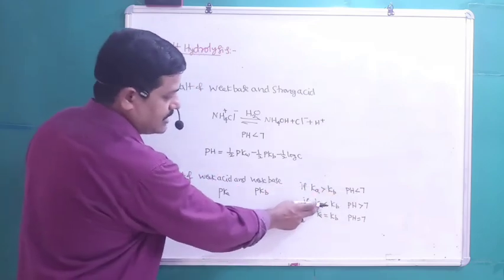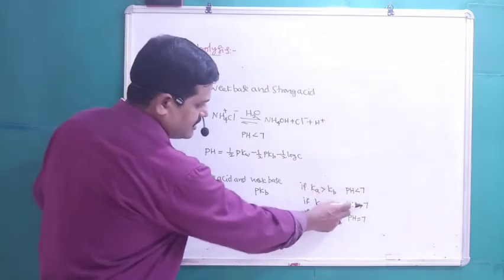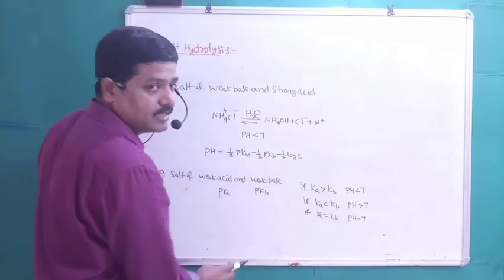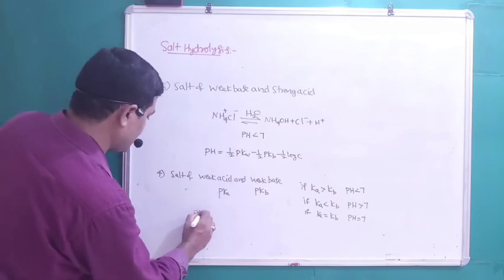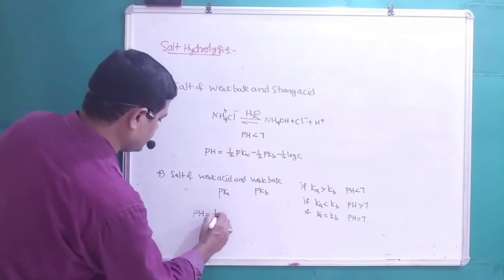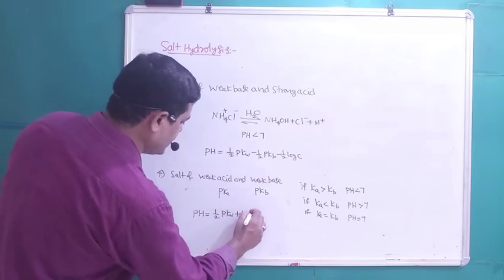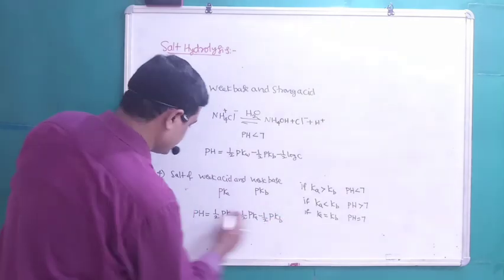If Ka is less than Kb, the base is relatively stronger, so pH is greater than 7. If Ka is equal to Kb, pH is equal to 7. The formula to calculate the pH is half pKw plus half pKa minus half pKb.